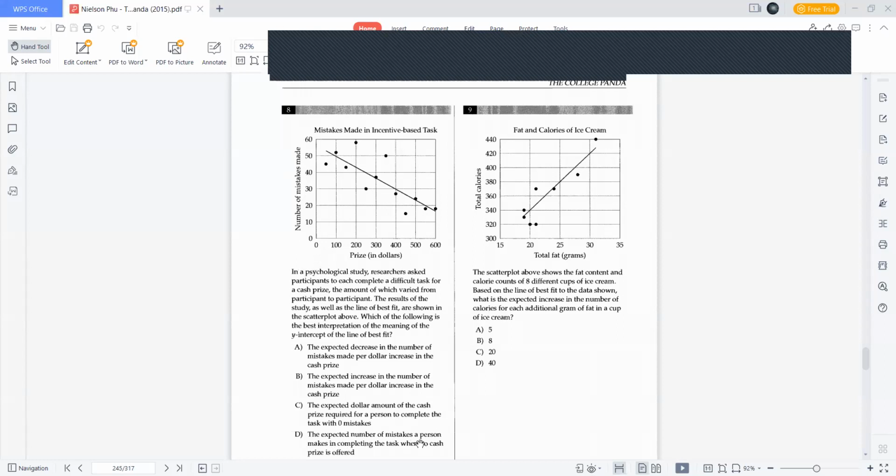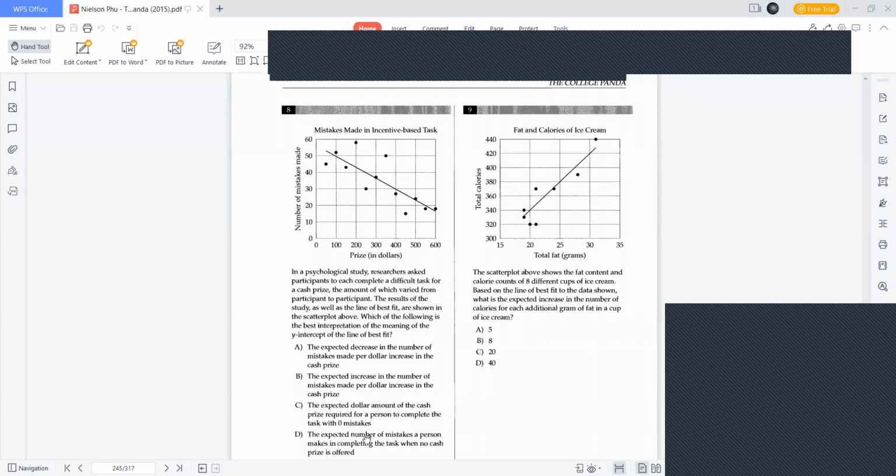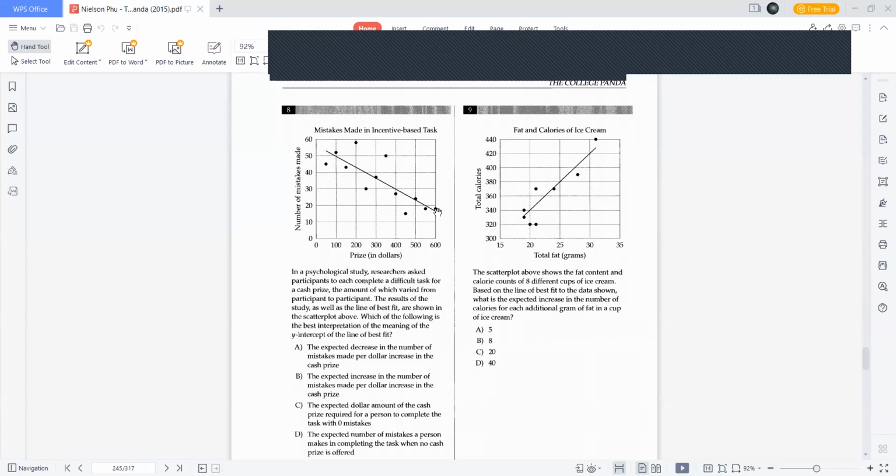So the expected number of mistakes a person makes in completing the task when no cash price is offered. When $0 are offered, the person makes like 55 plus mistakes. That's what it's saying. The expected dollar amount of cash price required for a person to complete the task with 0 mistakes, that figure, the 0 mistakes, is down here.